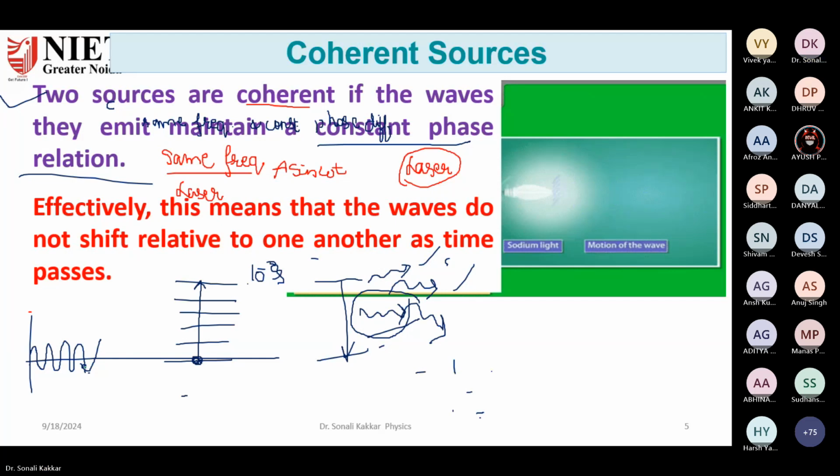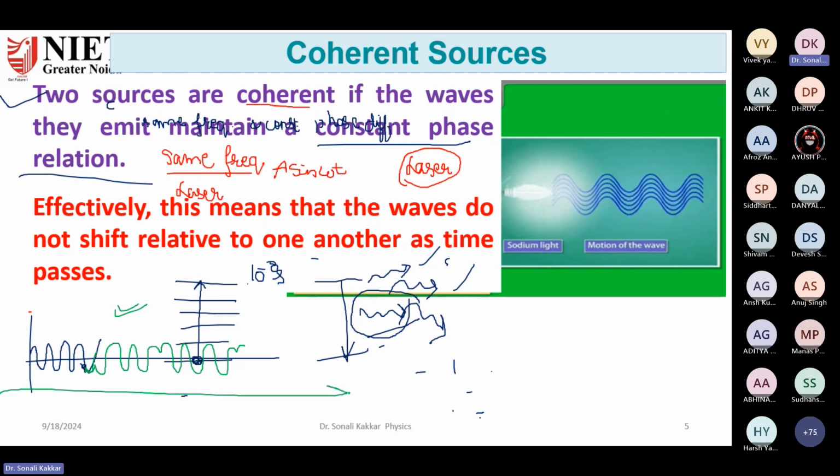Instead of going like this, it can go like this, and after some time it can change the phase. So light from a normal lamp or tube light is incoherent light, because the wave does not maintain a constant phase relation.